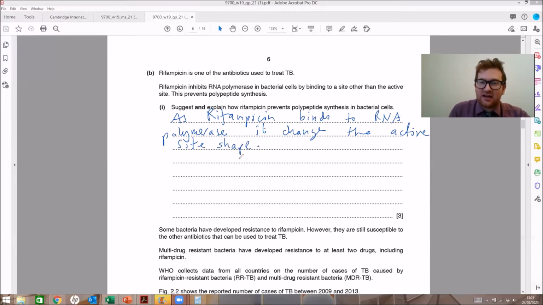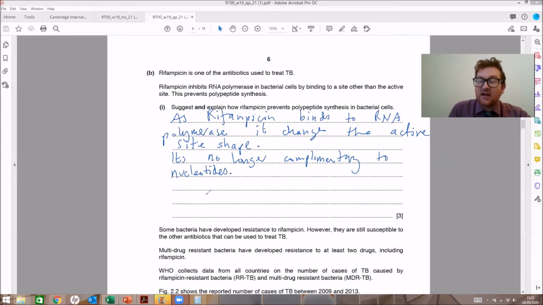As you've changed the active site shape, it's no longer complementary to the substrate. In this case would be the nucleotides, to the nucleotides.